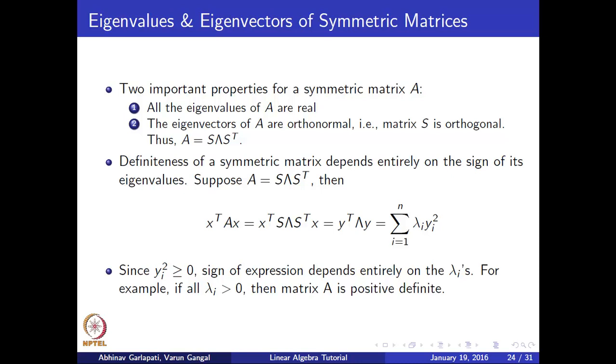This further simplifies to sum over i lambda i yi square. Now, for a matrix to be positive definite, this term must always be positive. Since yi square is always greater than 0 anyway, the sign of this term depends on the eigenvalues. If all the eigenvalues are positive, the matrix is positive definite.